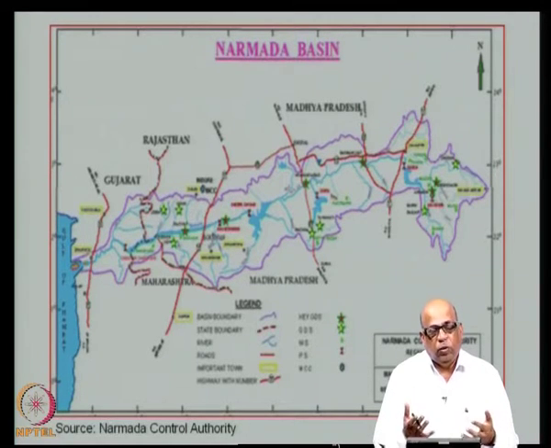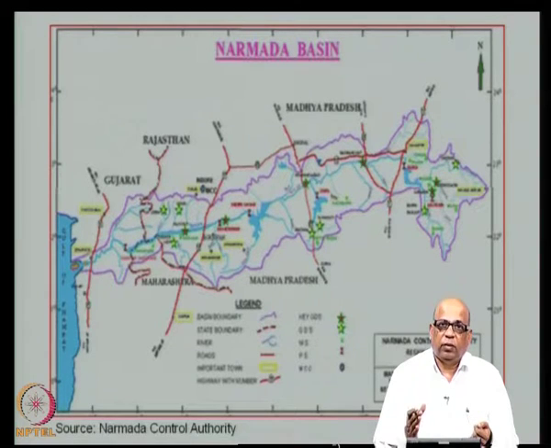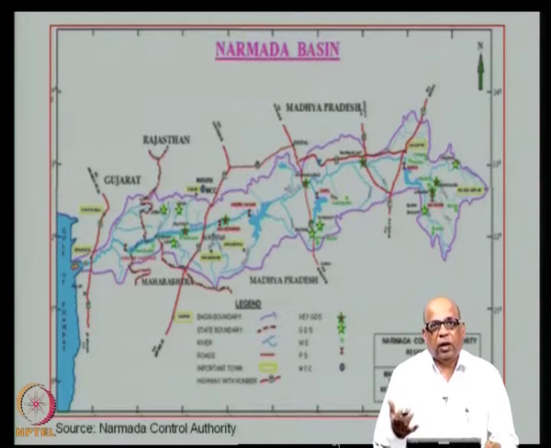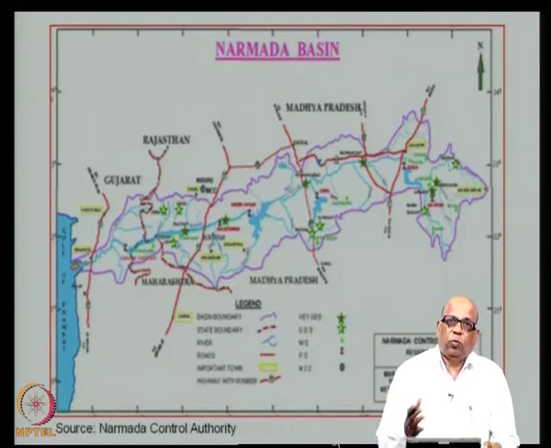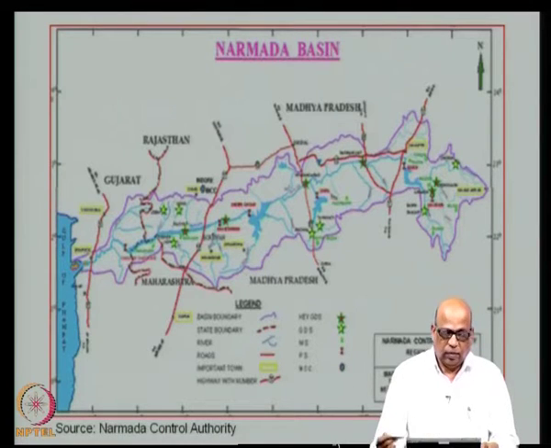So, we need to look at all these objectives in a holistic manner and then develop the system such that you are able to meet the demands, yet at the same time keep the integrity of the system intact, both the environmental and ecological integrity as well as the hydrologic integrity and the socio-economic system integrity that you need to keep in mind, and then develop systems for water resource development.